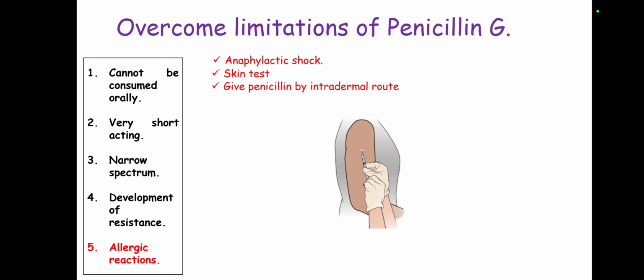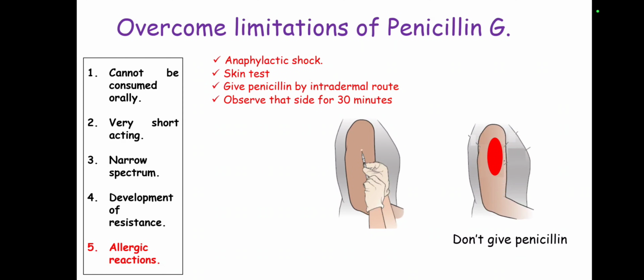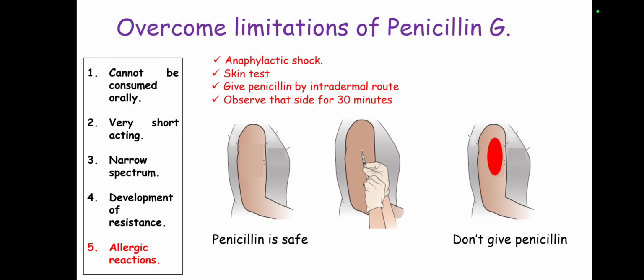That means we will inject a very small dose of penicillin intradermally, and we will observe that site for half an hour, that is 30 minutes. If there is any reaction in that place, it means that person is sensitive to penicillins, so we will not give penicillin. If there is no reaction, we can give penicillins.